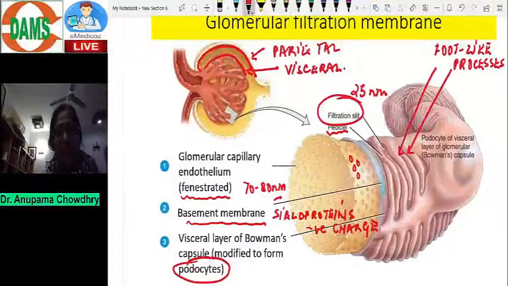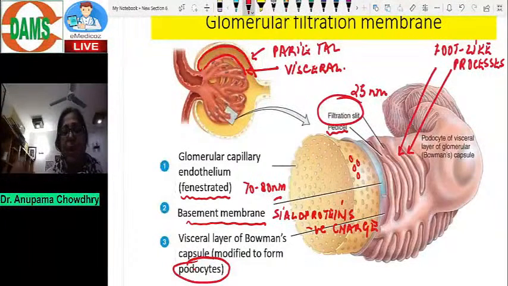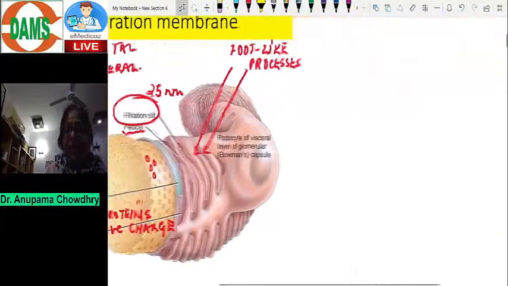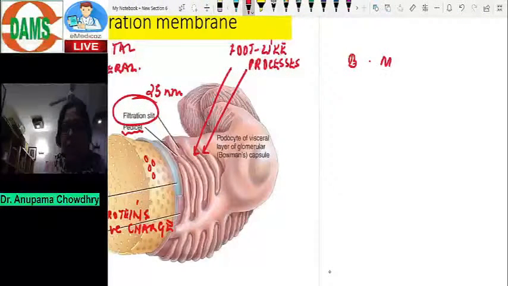Now if you look at the basement membrane in a little more detail, there are no pores present in the basement membrane.